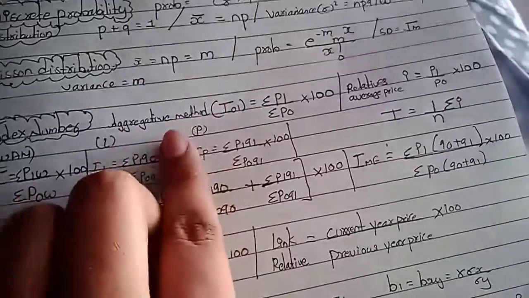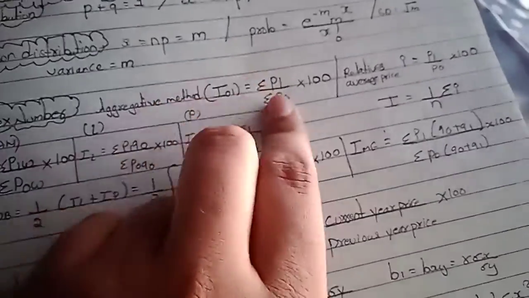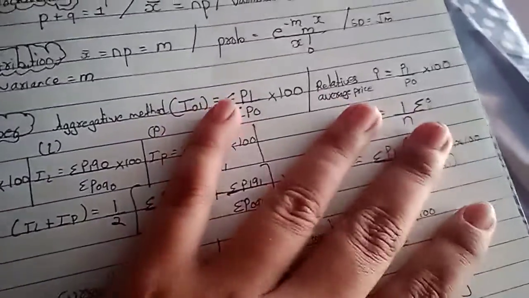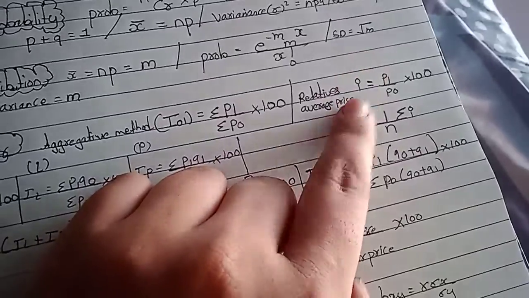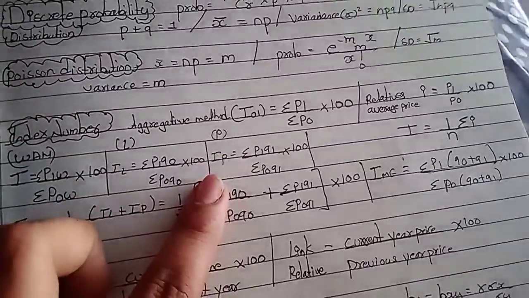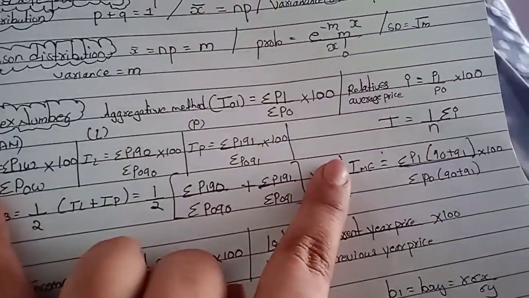Here it is the aggregate method. I is equal to summation of p1 upon summation of p0 into 100, and relative is p1 upon p0. It's just for formula purpose, you will put it and you will get Laspeyres. It is a weighted average method. It is the Dorbish-Bowley method. It is the Marshall-Edgeworth method.